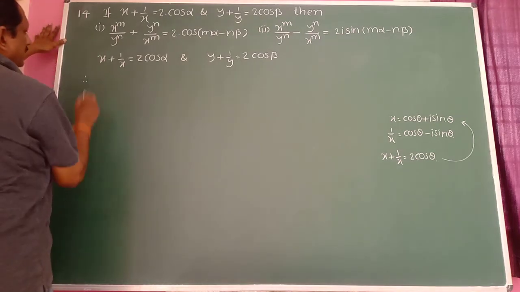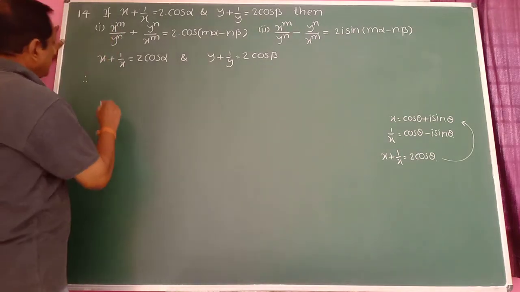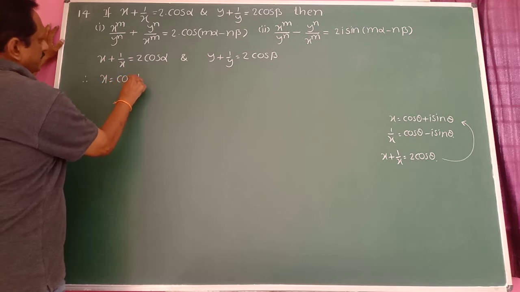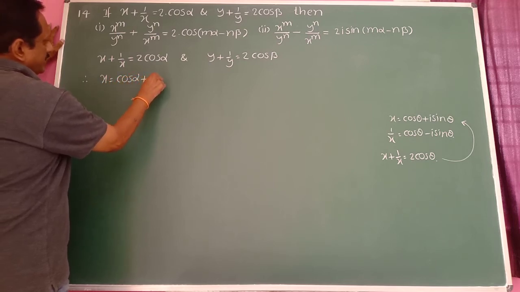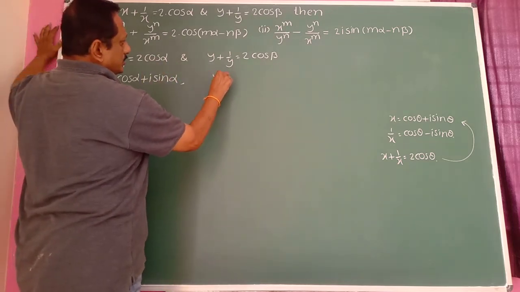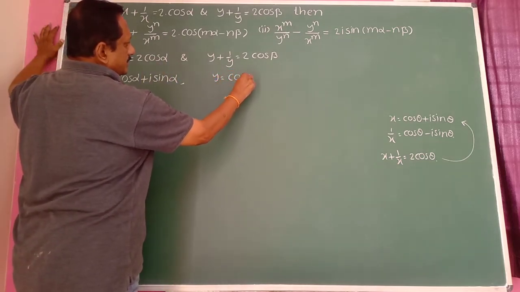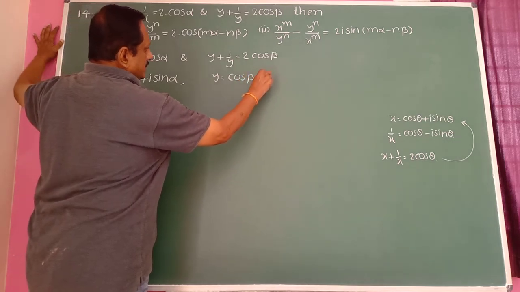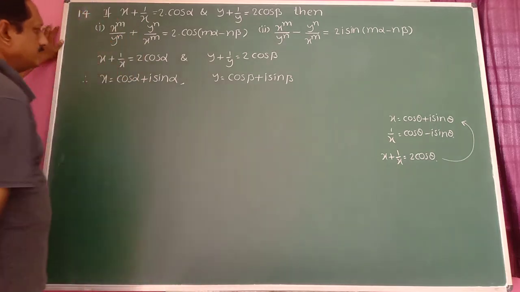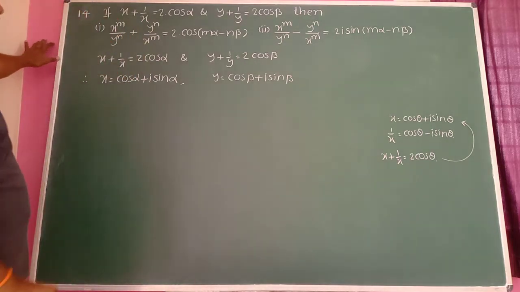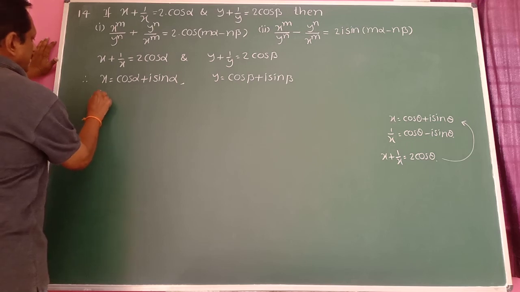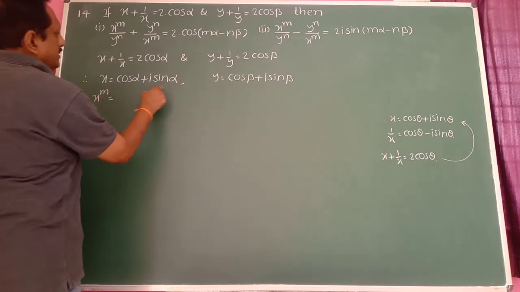Therefore, according to that result, x is equal to cos alpha plus i sin alpha, and y is equal to cos beta plus i sin beta. Again we are using that result here. Then x raised to m terms are there. So x raised to m is equal to this raised to m.